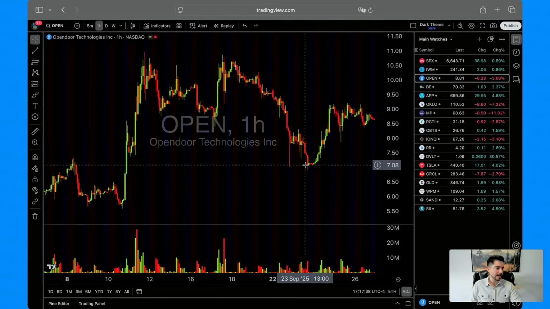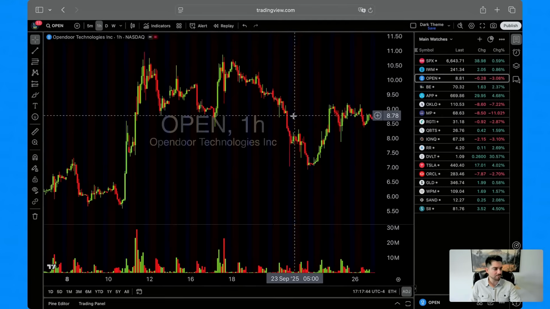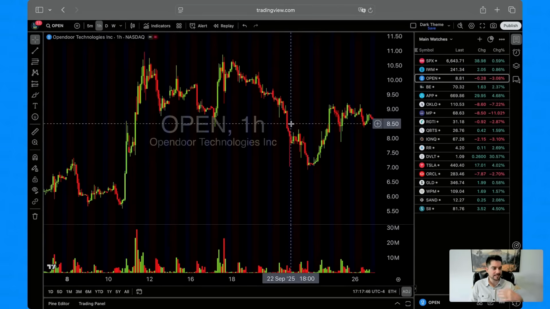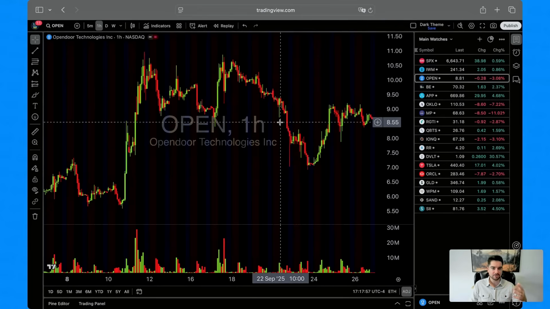So I got, I think, 850 strike puts on this, kind of anticipating that this breakdown would happen. And then as it broke down, I was able to cash out on those puts for 100% or more in some cases. So when I'm doing an options trade like that, thinking about kind of like a broad directional play, usually my goal is to try to make the trade as free as possible.